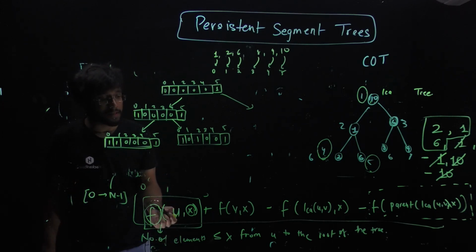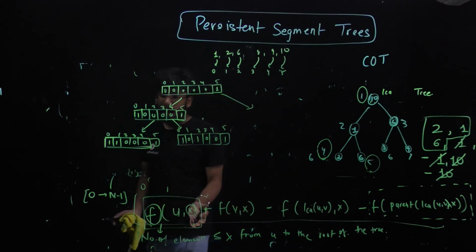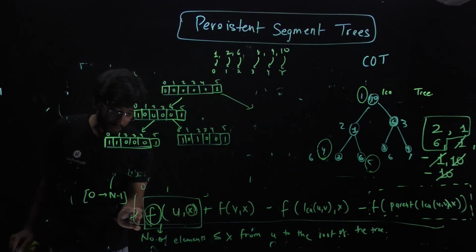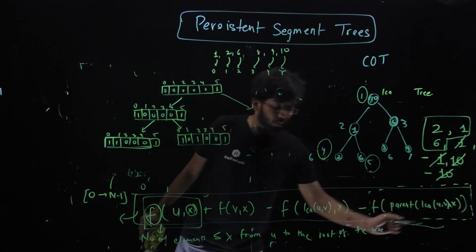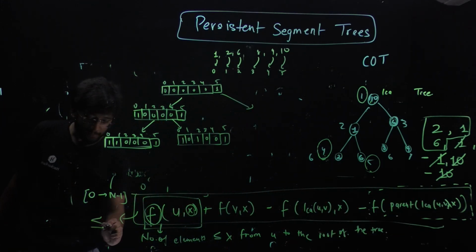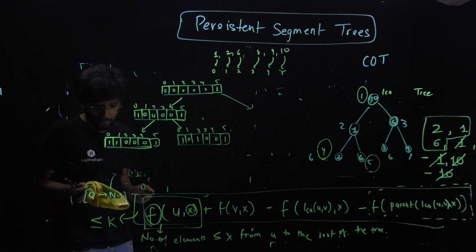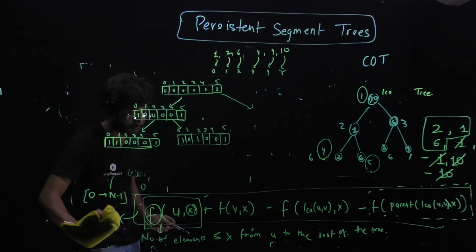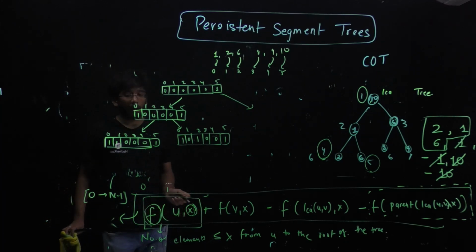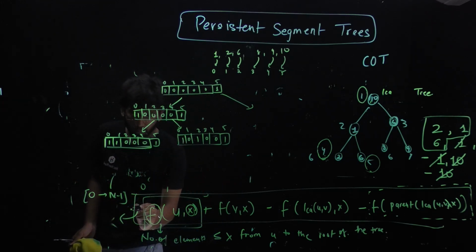This function, when binary searched, can give me the answer. This entire thing should give me a value less than or equal to k, or basically if I want the kth element, then this entire thing should be equal to k, I guess.